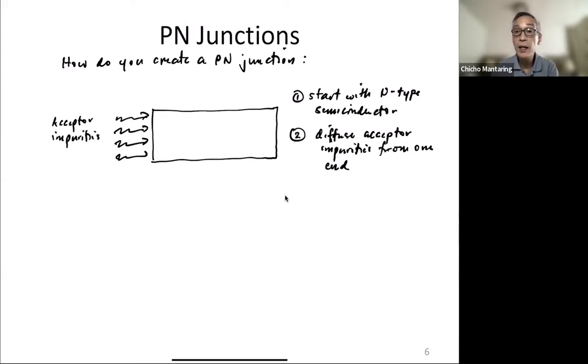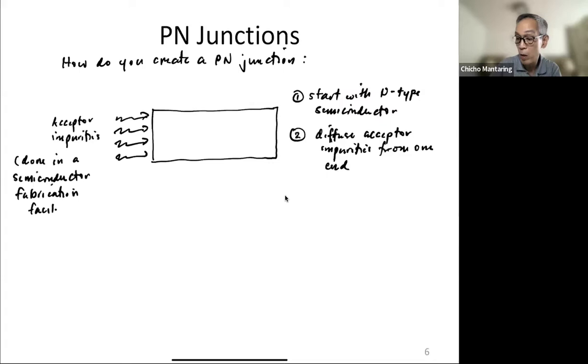This is done in a semiconductor fabrication facility. What they do is they put the semiconductor material in what is called a diffusion oven.